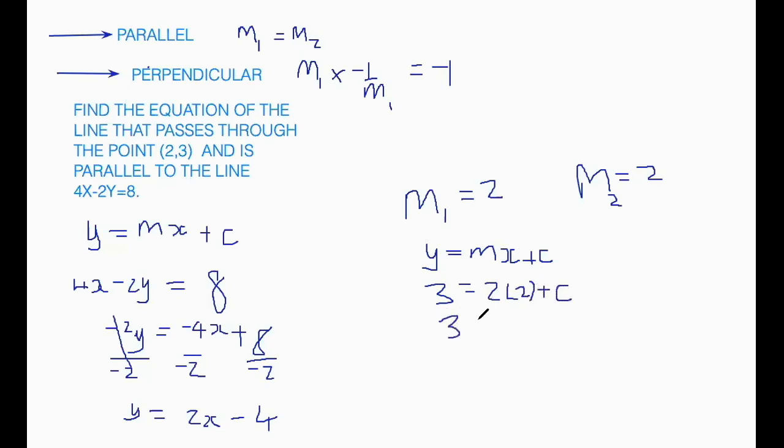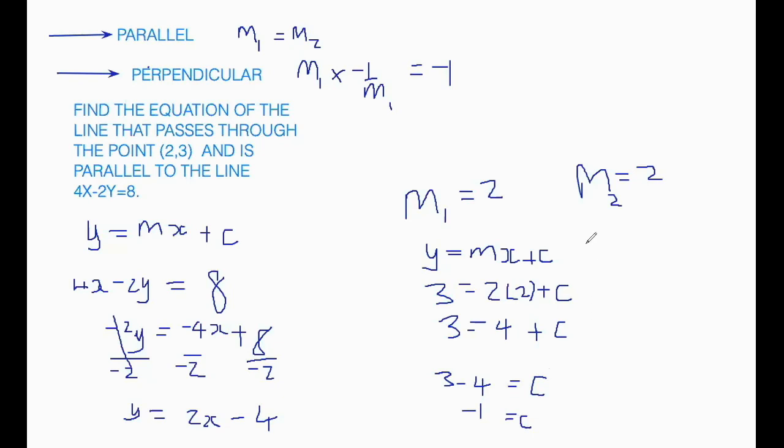So we have 3 equal 2 times 2, that gives us 4, plus c. Then we carry over the 4 over the equal sign. So we arrive at negative 4. So it's 3 take away 4 equals c. So what that means is that our y-intercept is a negative 1.